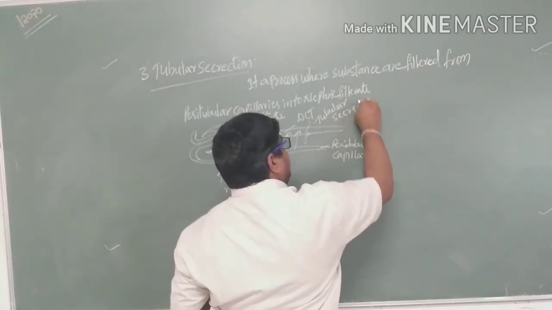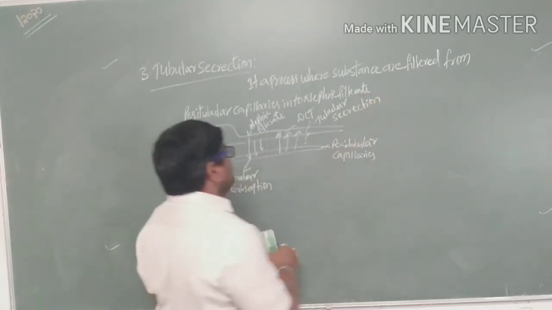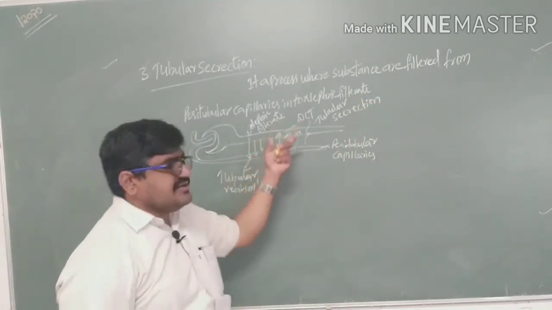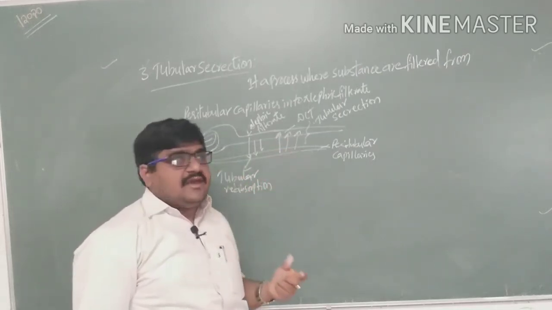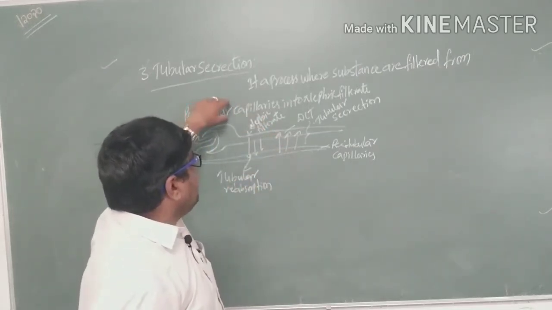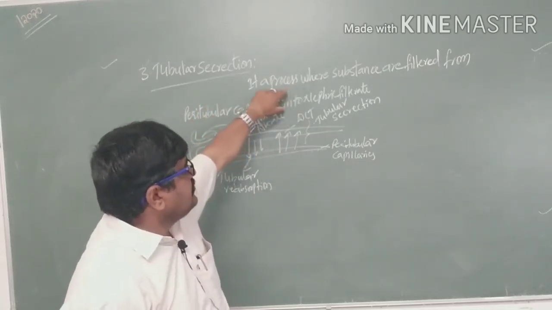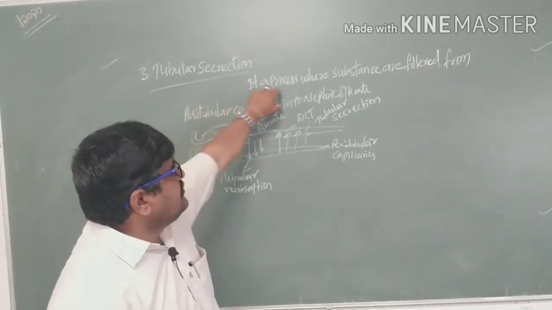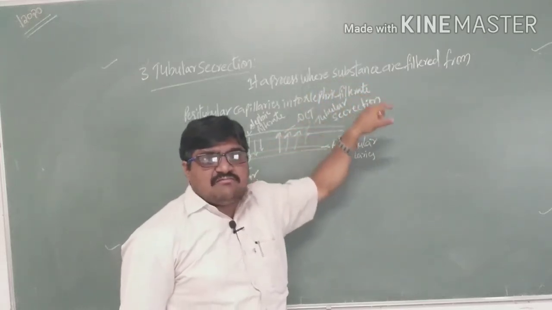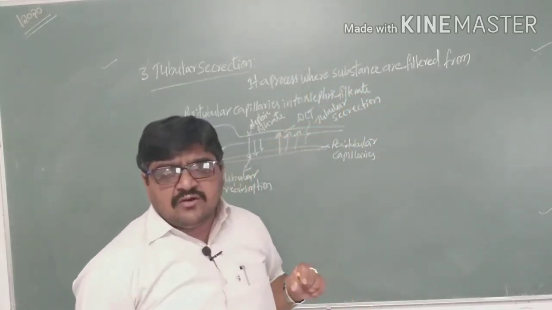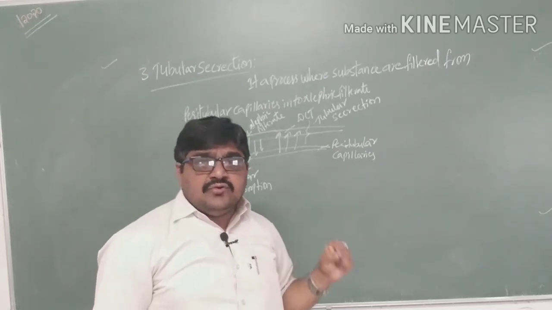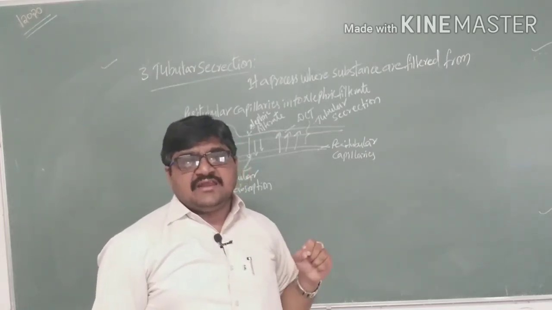So tubular reabsorption and tubular secretion are opposite to one another. Here, from the peritubular capillaries into the nephric filtrate, the substances are filtered. This process we call tubular secretion.